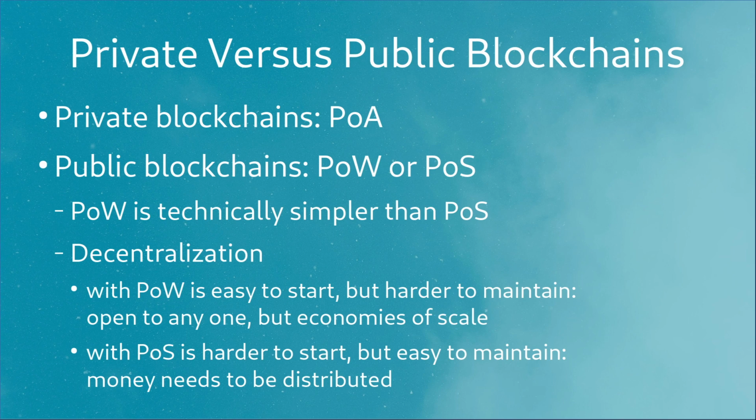You have to make sure that the cryptocurrency is distributed to enough different parties that don't work together, that don't collude, so that no one can control a majority of the cryptocurrency. Once you've done that, because in a proof of stake blockchain there are no economies of scale for people who have a bigger stake compared to people with a lower stake, it's easy to maintain the decentralization.